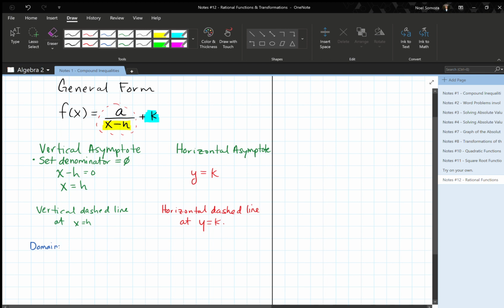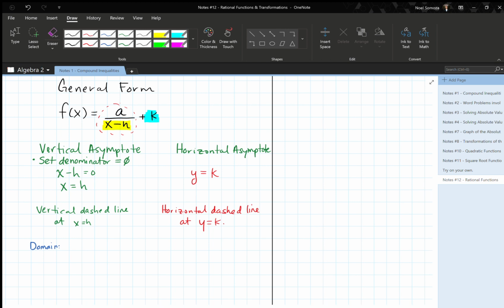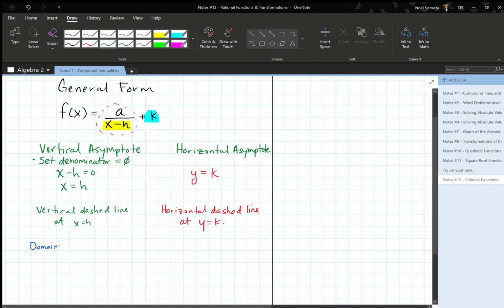It's very similar to what we did to solve for the vertical asymptote, except the difference is that we don't want x to be that particular number which generates the vertical asymptote. What I'm trying to say is that the domain is going to be a set.